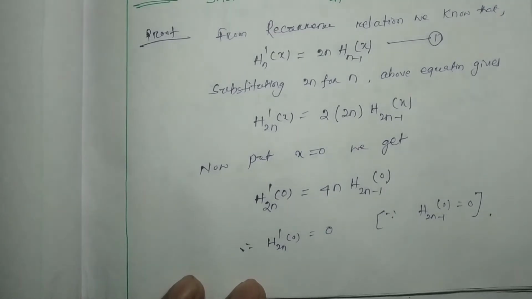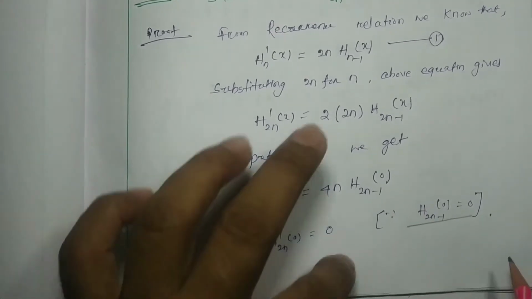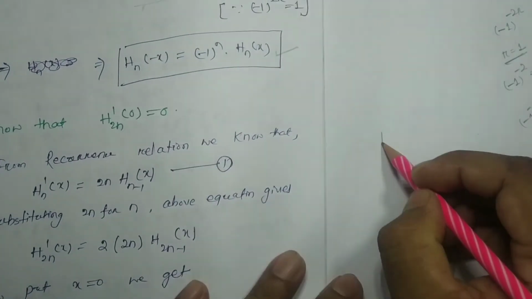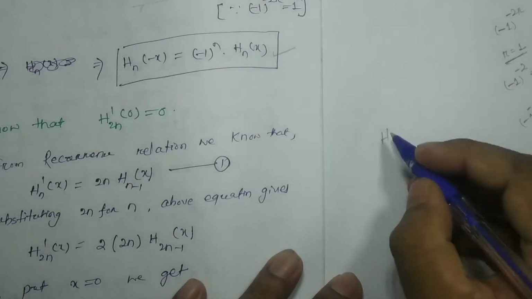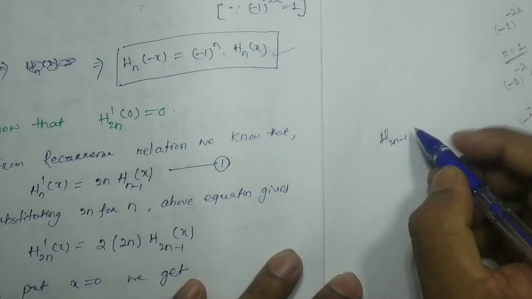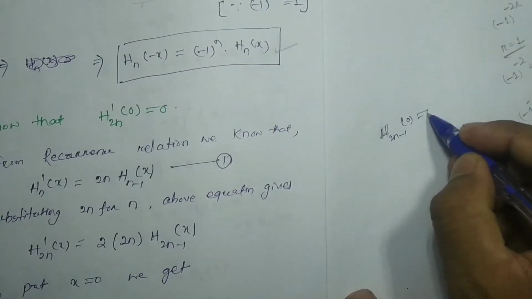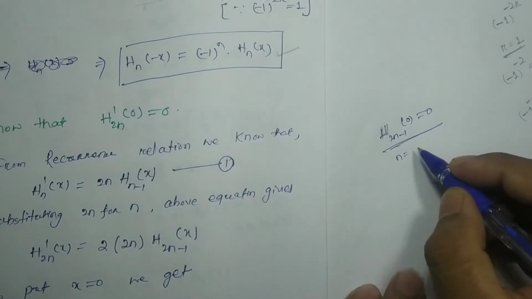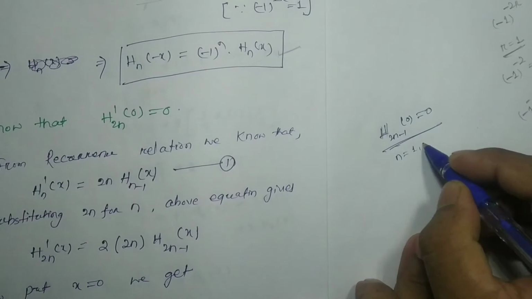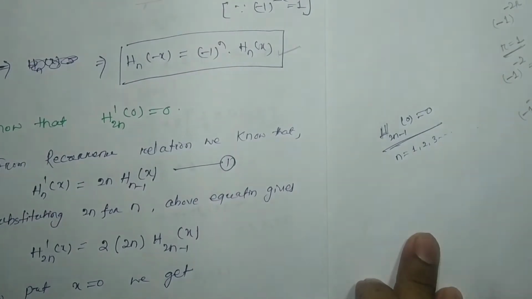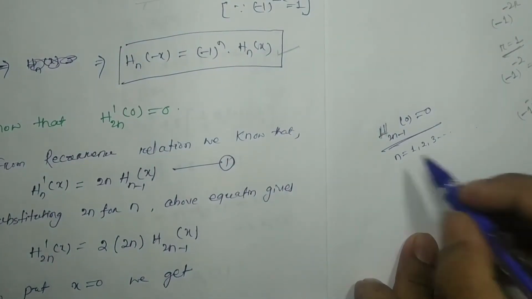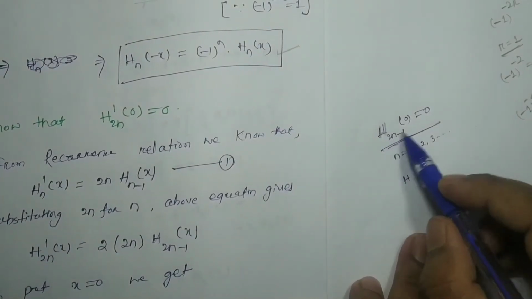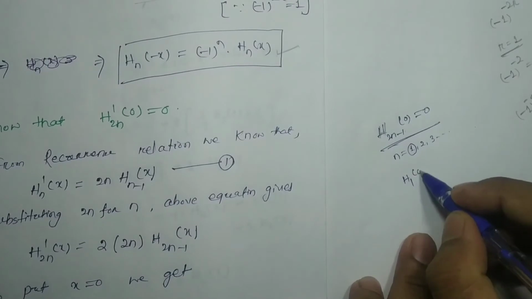Why will it be equal to 0? See, here you just see H2n minus 1 0 will always be equal to 0. Why? Suppose here n starts from 1, 2, 3, like that. So for n equal to 1, this will be H2 minus 1, H1 0.